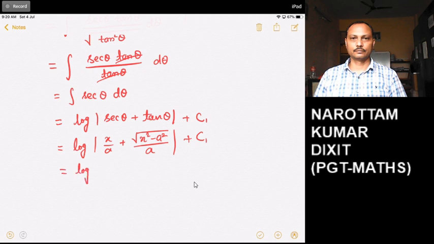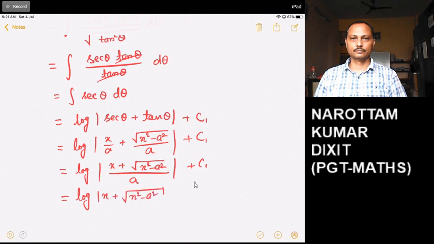You can see log of x plus square root of x square minus a square divided by a. Now using the property of logarithm, you will get log of x plus square root of x square minus a square minus log a. Using this, log a upon b is equal to log a minus log b, plus this is the constant of integration.